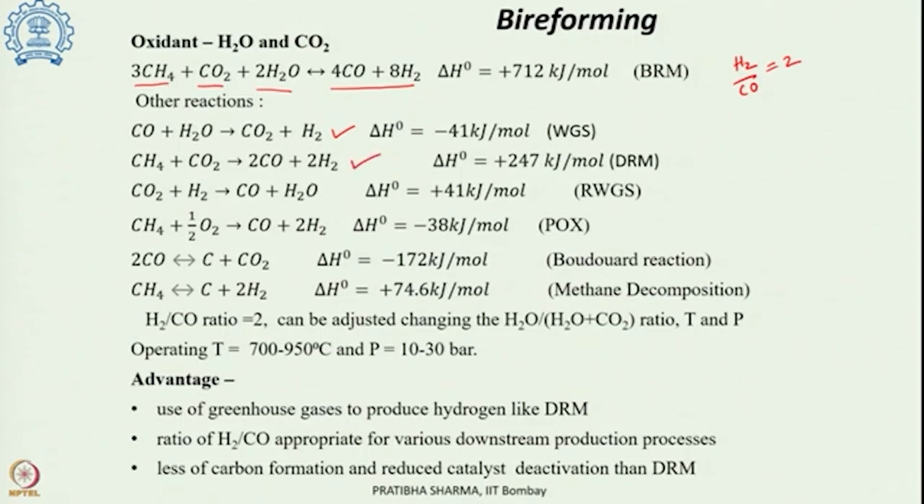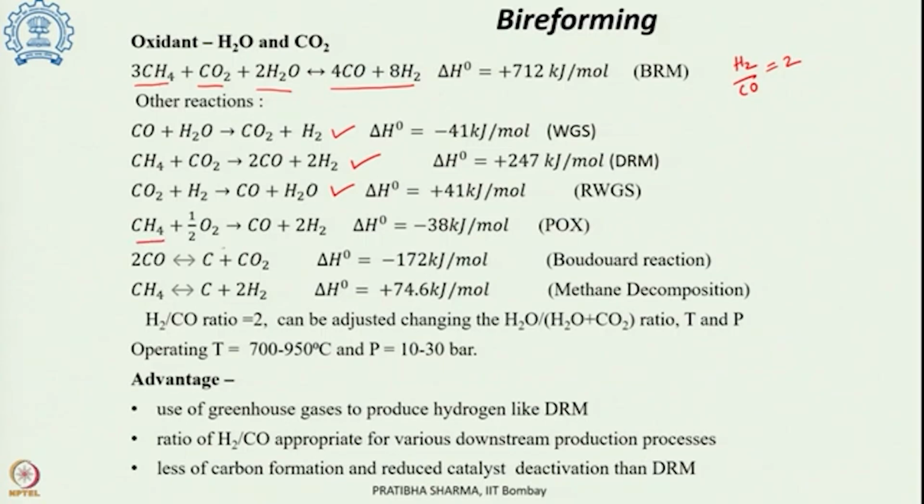Methane can undergo dry reforming in the presence of carbon dioxide, which is an oxidant. So methane can react with carbon dioxide producing syngas, again dry reforming of methane. The carbon dioxide, which is an oxidant, can react with the hydrogen product to produce carbon monoxide and steam. So this is the reverse of the water gas shift reaction that can also occur.